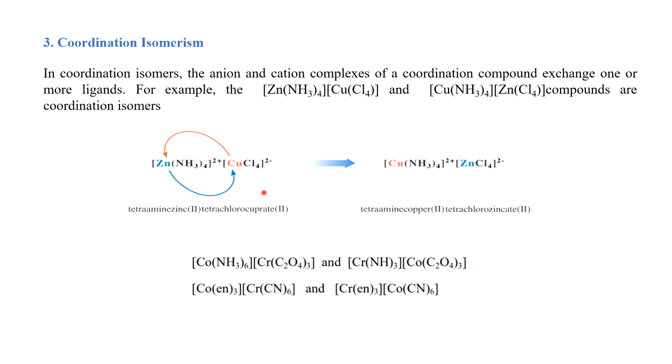Then these two will be called coordination isomers. More examples are given here. We are exchanging the ligands between two coordination entities, but as a whole it is one compound. So this is called coordination isomerism.